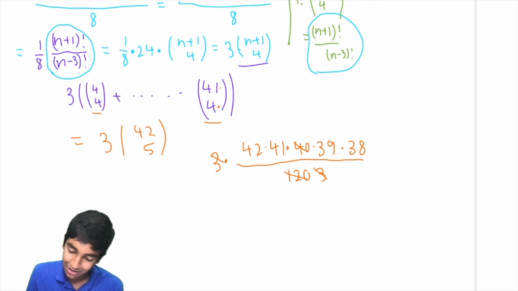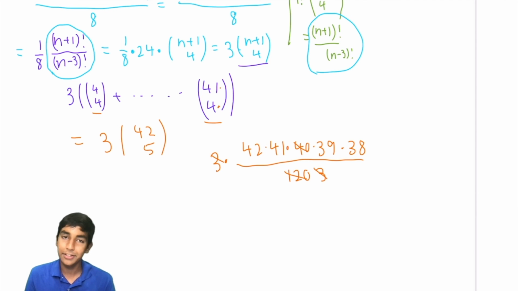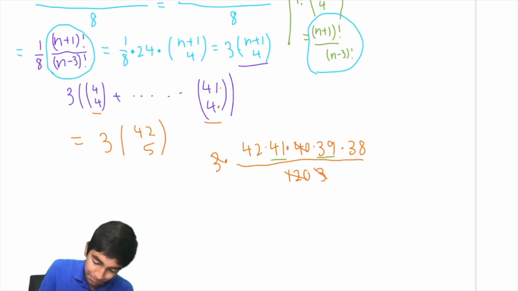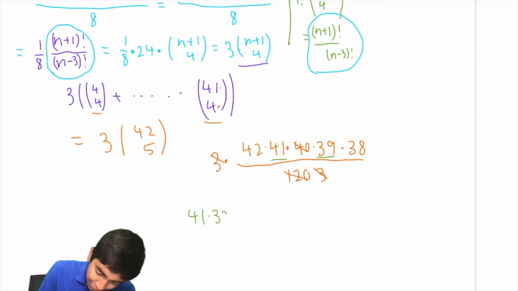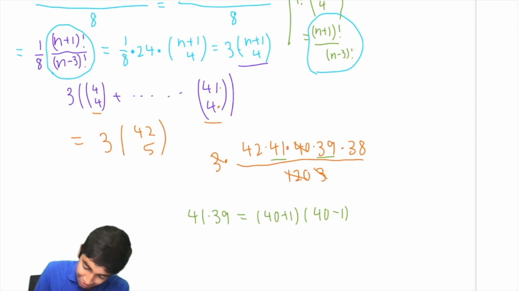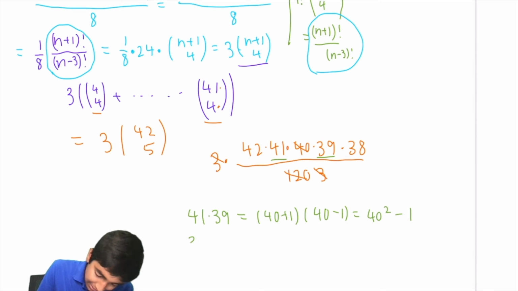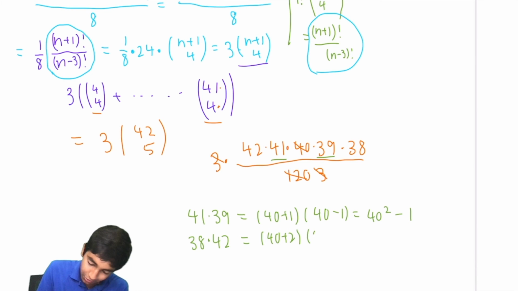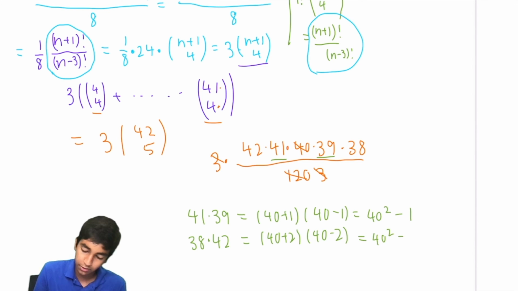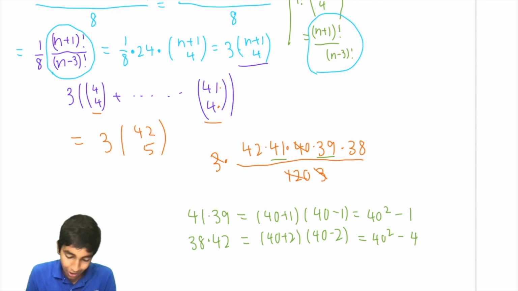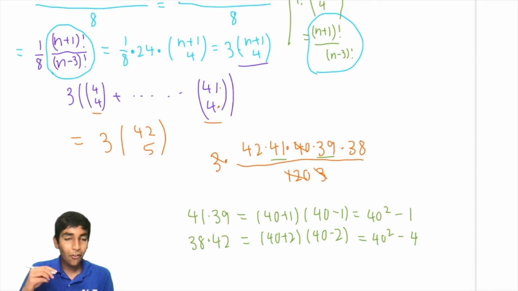I'm not going to multiply it out; I'm going to use a shortcut, and that shortcut is difference of squares. 41 times 39 equals 40 plus 1 times 40 minus 1, which is 40 squared minus 1. 38 times 42 equals 40 minus 2 times 40 plus 2, which by difference of squares is 40 squared minus 2 squared, which is just 4. So now we just have to multiply 40 squared minus 1 and 40 squared minus 4.